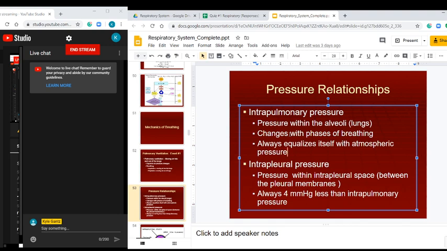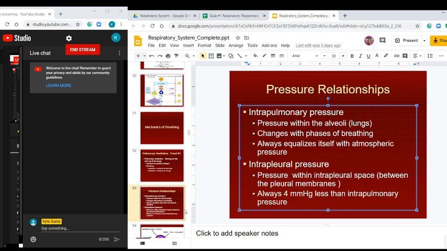So that pressure on the outside, the space of the cavity, is less than what's inside, and that helps. We're trying to bring air in and increasing the pressure on the inside of the lung, and that space allows that to happen easily because the pressure is lower surrounding the lung.